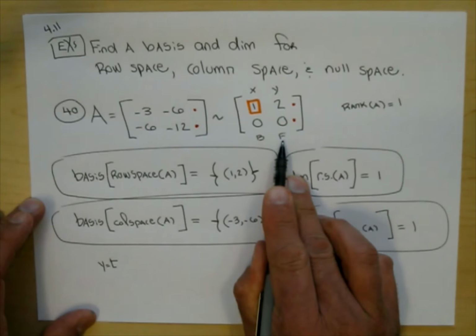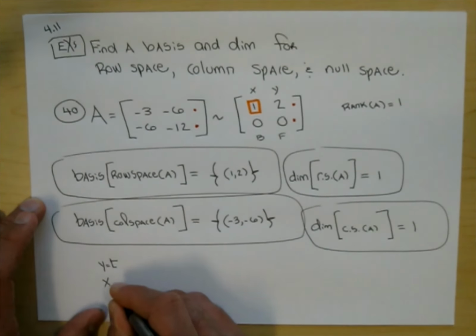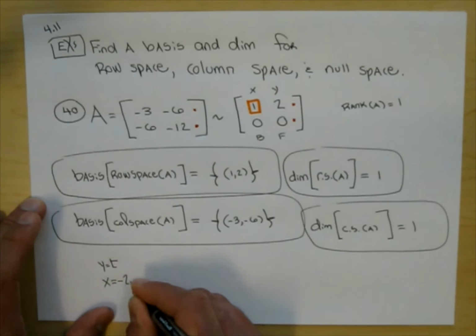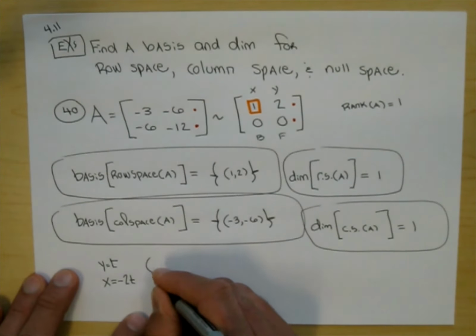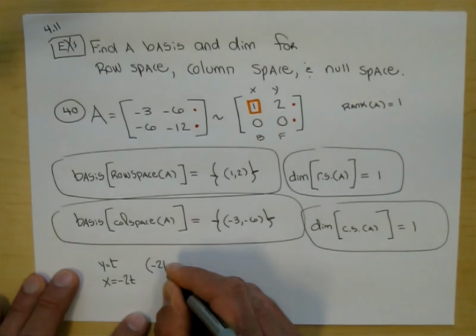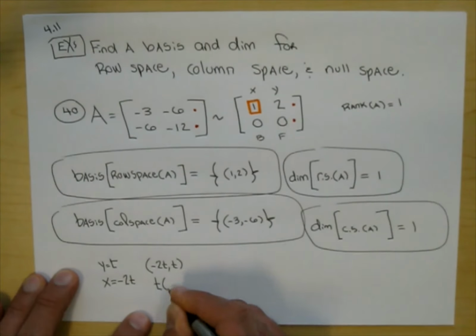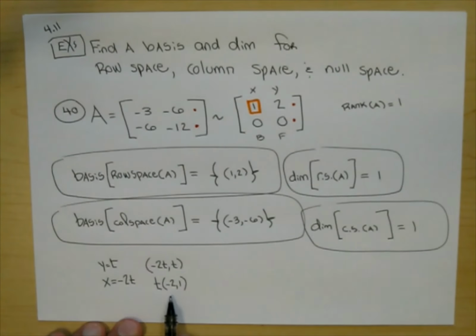Okay, that's because it's free, and then x plus 2y equals 0. You're going to see that x equals -2t. Okay, so the null space looks like this: -2t, t. Factor out a t, this is -2, 1. That's linear combinations of just one vector.